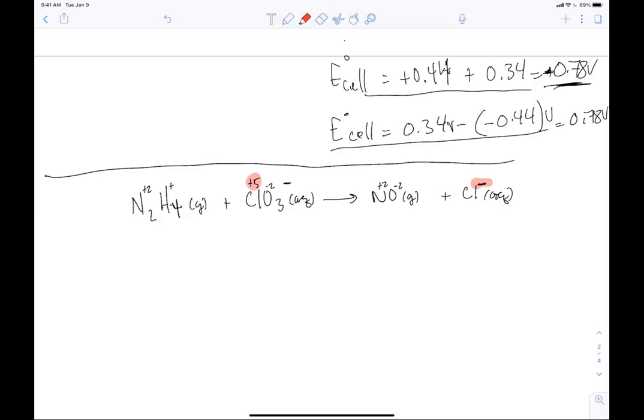I guess the hydrogens will get balanced out when we balance out the H+ or whatever. Something's up. Oh, thank you, yep, that's right. A positive plus a positive does not equal 0. Nitrogen should be -2. Okay.